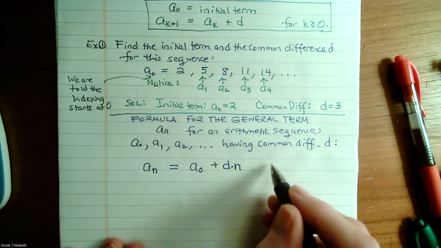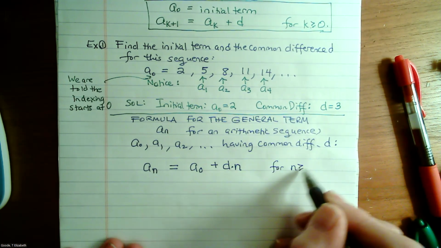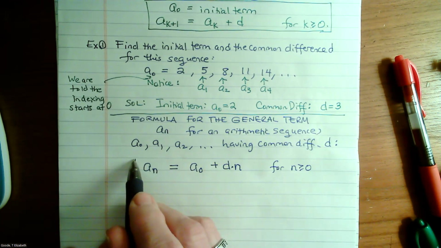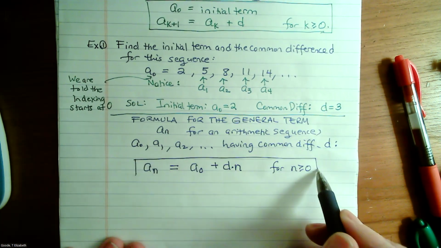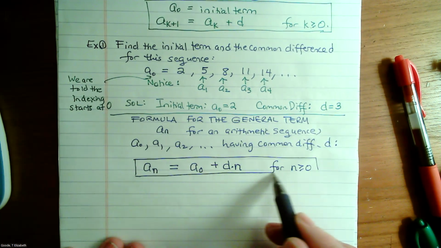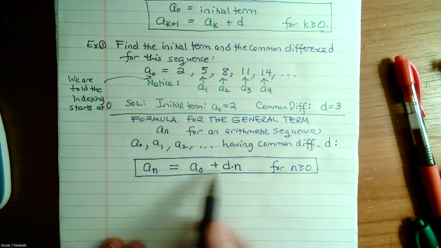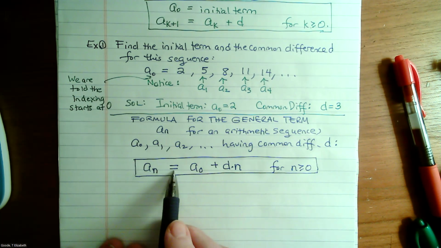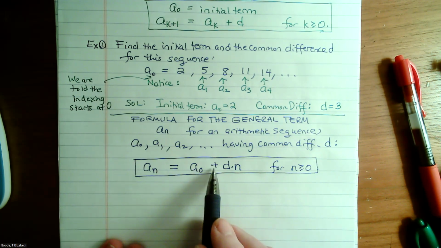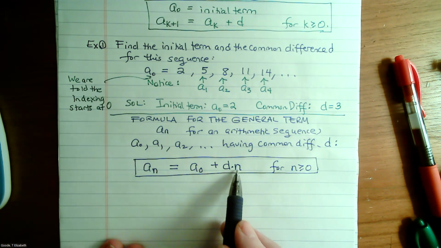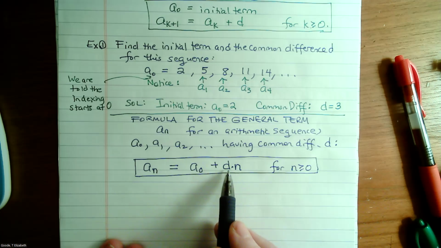So that formula works for n greater than or equal to 0. It even works for the initial term. Let's check this. When n is equal to 0, this formula says a sub 0 is equal to a sub 0 plus d times 0. In other words, we haven't added any copies of d yet.